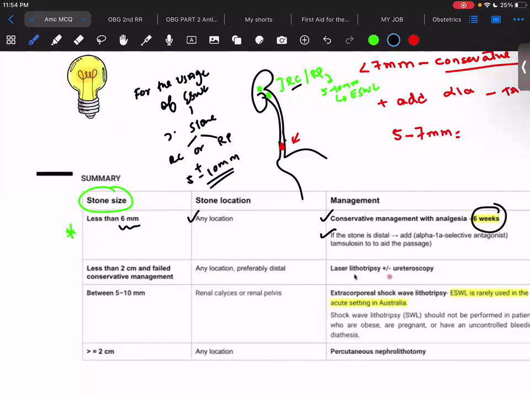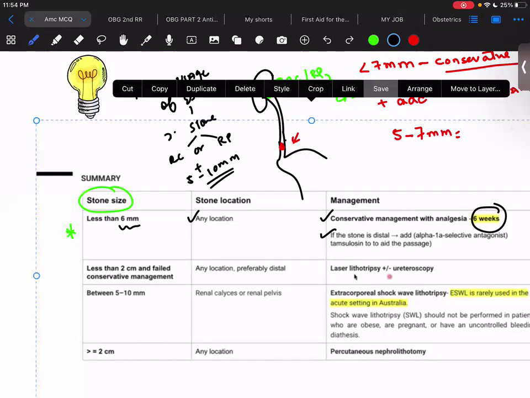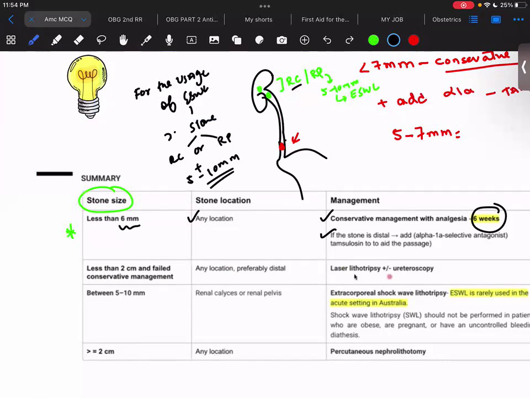For example, if there is a kidney stone which is 5 to 7 mm and the stone is not passing out, therefore after 6 weeks, and the stone is near the renal calyces or renal pelvis, instead of using the laser lithotripsy or anything else, we can think about the ESWL. But the important point is that these two criteria should be fulfilled.